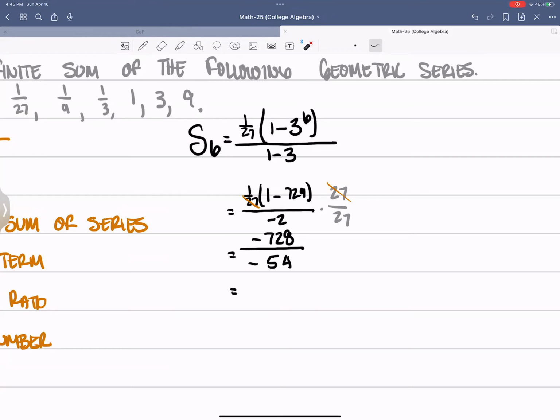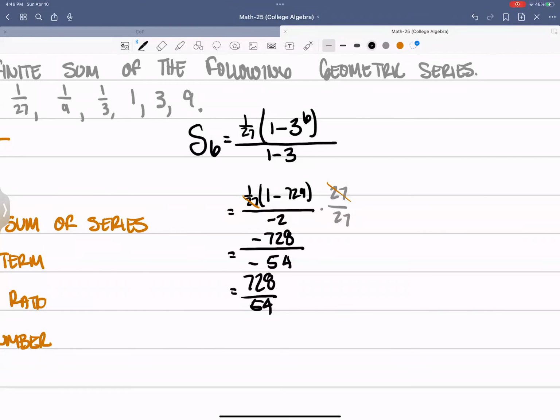No, I lied. Are they divisible by 3? Nope. So 728 over 54.